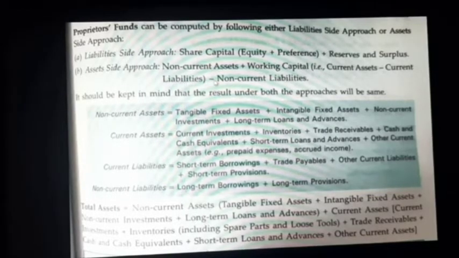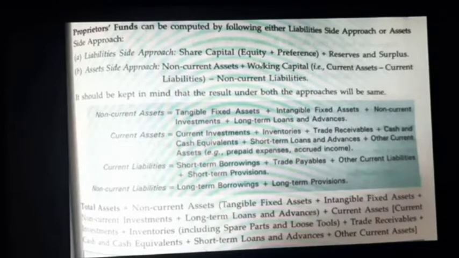From that, you subtract non-current liability also. So to get the proprietor's fund in the asset approach, the formula is non-current asset plus working capital, that is current asset minus current liability minus non-current liabilities.